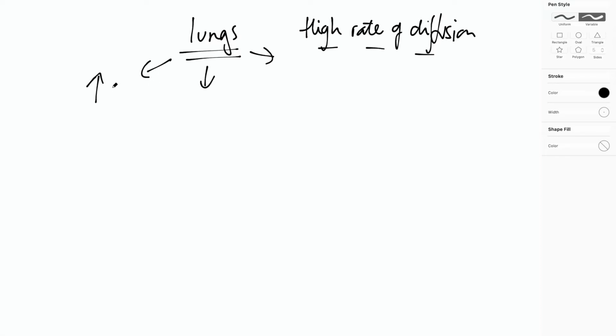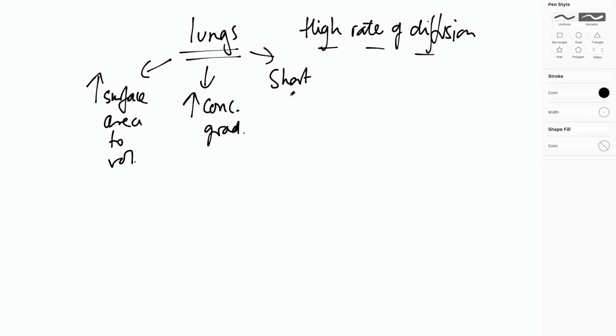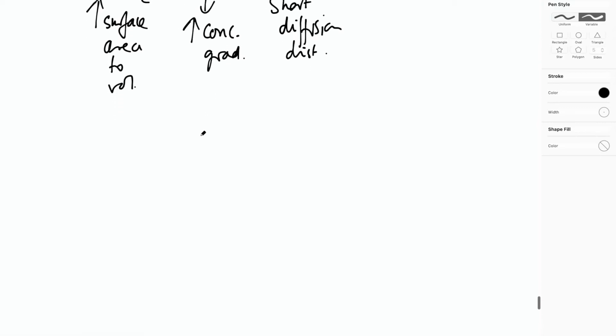We need to hit a high surface area to volume ratio. The lungs need to achieve a high concentration gradient or difference. And finally, we need to keep those diffusion distances short. So how do the lungs do that then?